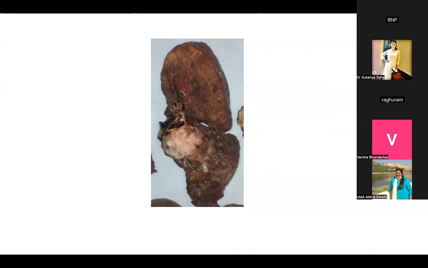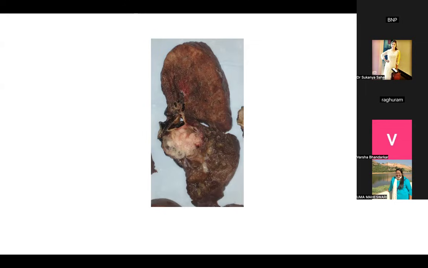After the concurrent CT-RT, the patient has to be taken up for 1 year of durvalumab as per the, sorry, I forgot the name of the trial. PACIFIC trial.